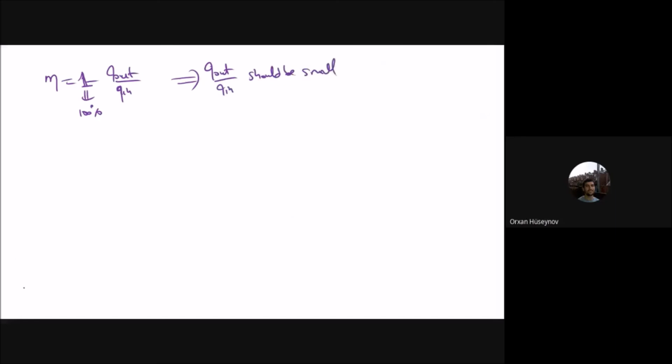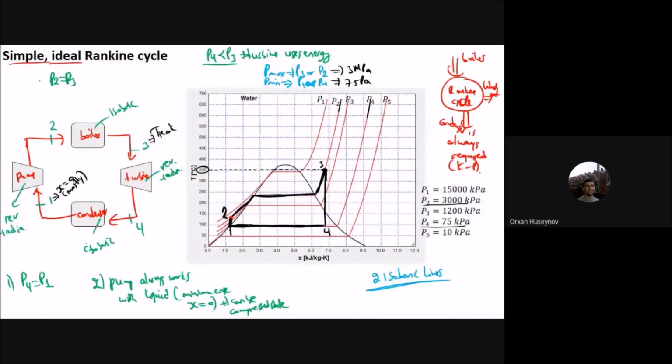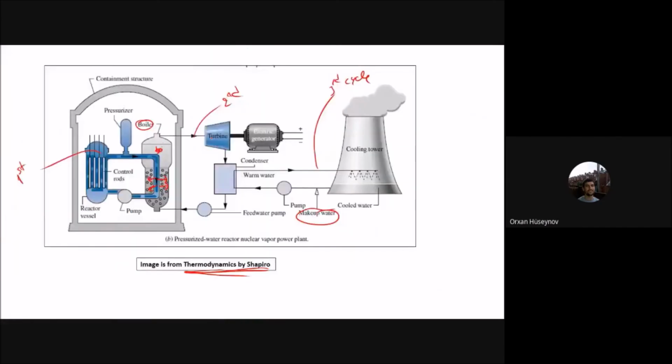And to make it small, we know that this Q out is proportional to outlet temperature, and this Q in is proportional to inlet temperature. Or if you go back to here, that temperature at outlet is at temperature at inlet, sorry.